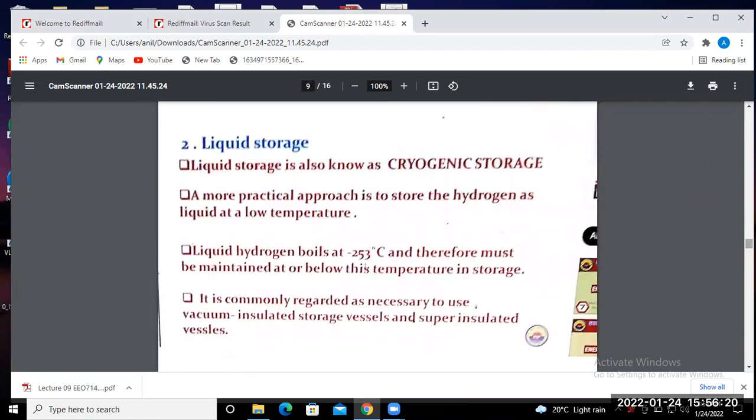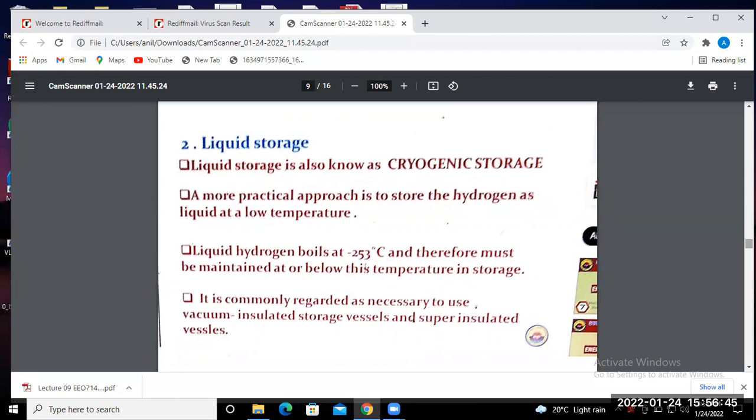Okay, liquid storage of hydrogen. Liquid storage is also known as cryogenic storage. The hydrogen gas in the form of liquid is also known as cryogenic storage. A more practical approach is to store the hydrogen as liquid at a low temperature.